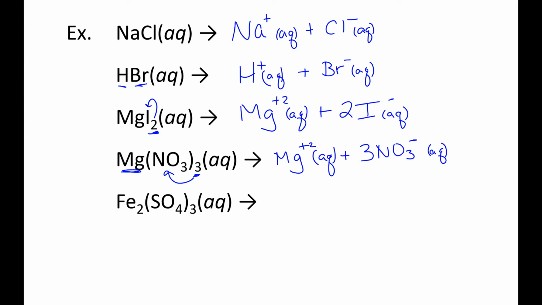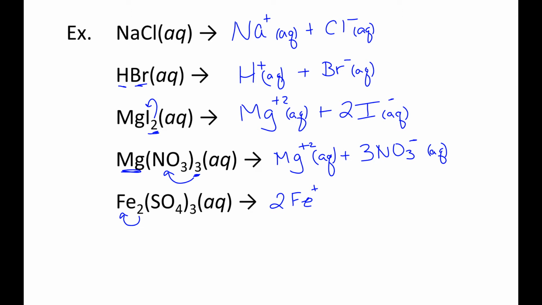Now in the next example, we have 2 irons, so we're going to put 2 Fe. If you look on the periodic table, it's a transition element. How do we find the charge? Just like we did in Unit 5 when we were naming, we had to figure out the charge on the iron. It's hooked with a polyatomic ion, and remember, if there are parentheses, the number outside the parentheses is the charge on the iron.